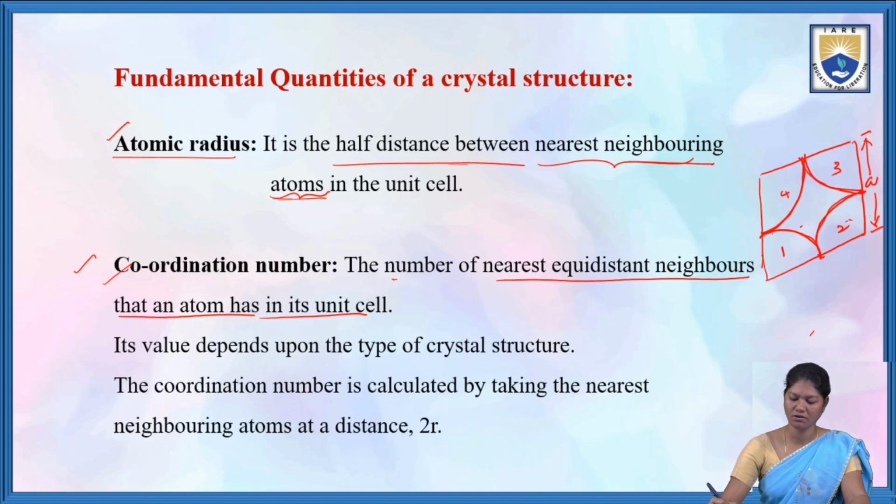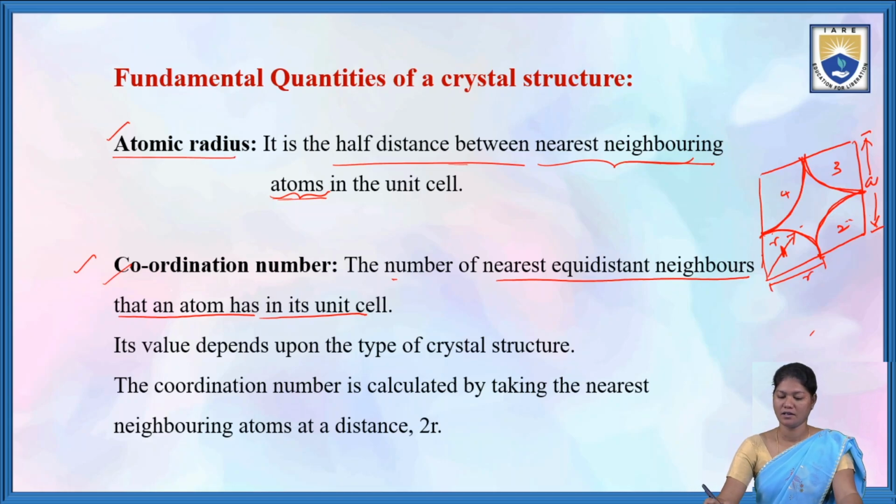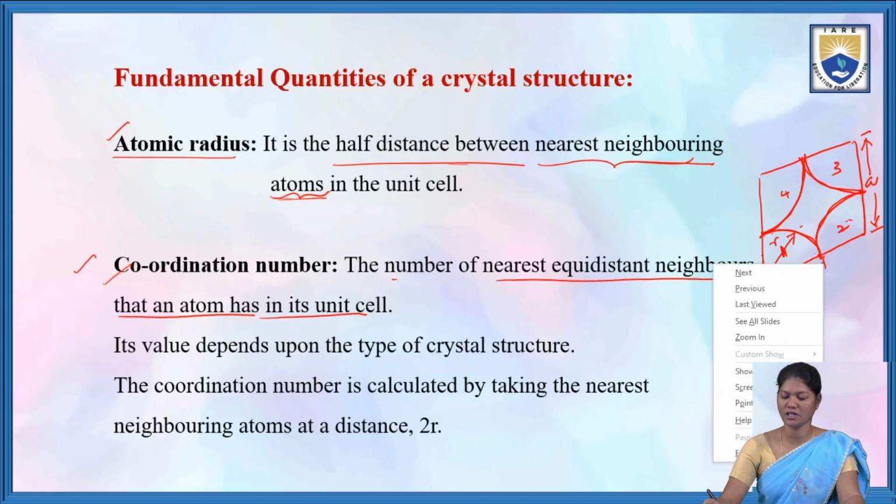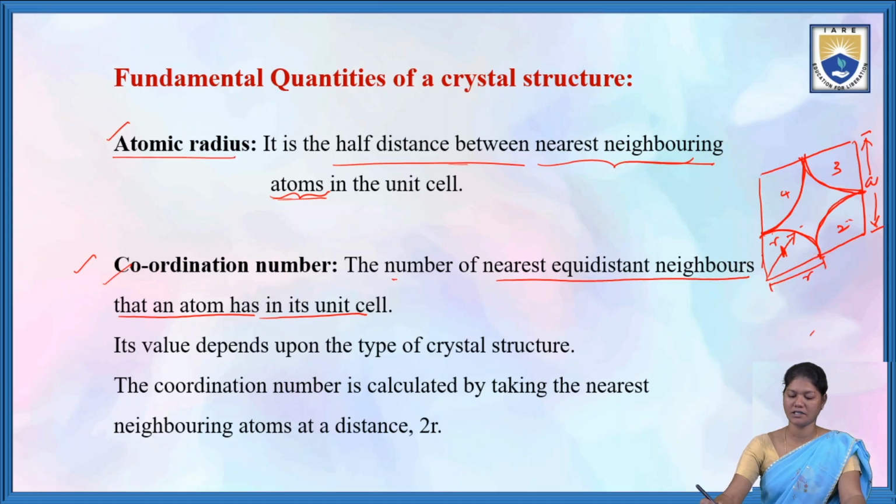From here to here the radius is r, or half the distance between the neighboring atoms. For this first atom, the neighboring atoms we can take are 2 or 4. So here to here is r: the atomic radius, half the distance between nearest neighboring atoms in the unit cell.